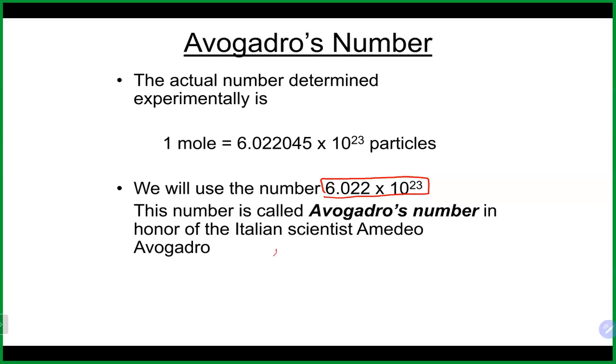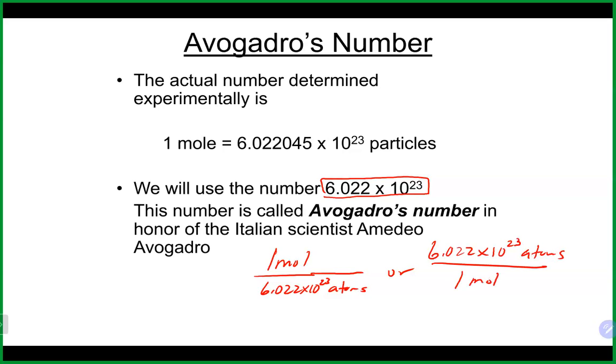You could say 1 mole of something is 6.022 times 10 to the 23 atoms. Or you could write another conversion factor where you put Avogadro's number up on top, 6.022 times 10 to the 23 atoms per mole. So just like we talked about with dimensional analysis, you could use Avogadro's number really as a conversion factor.